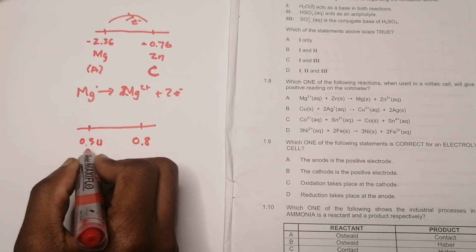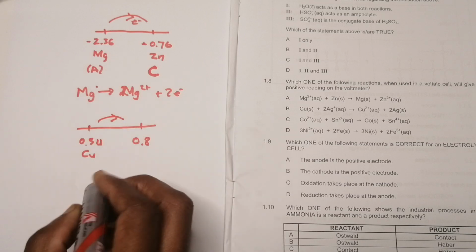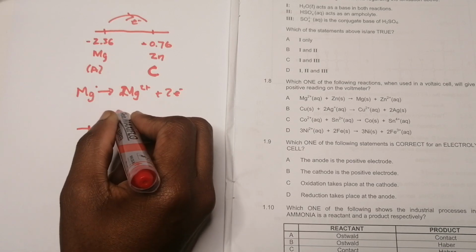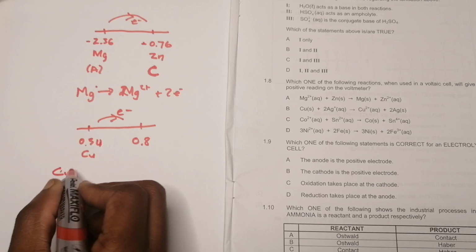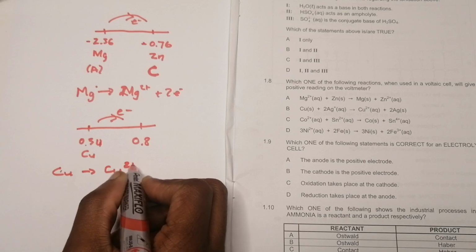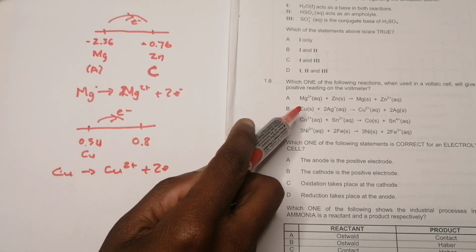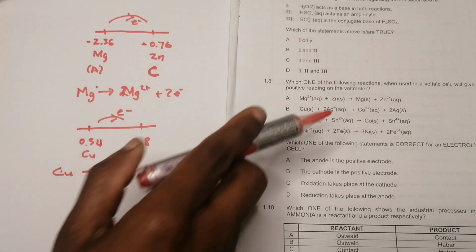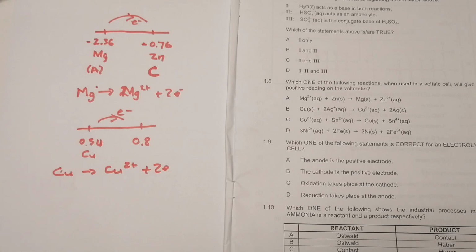So it means that copper would tend to undergo oxidation, so it gives away electrons. So copper must undergo oxidation by giving away electrons. Is that the case there? Copper becomes copper 2 plus, and in this case that is what we find. So I think that B is correct.